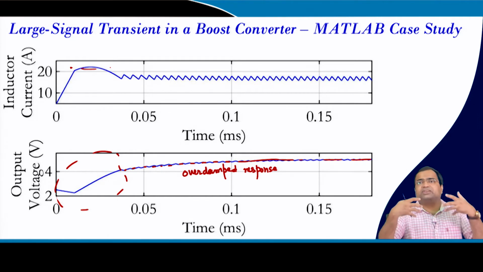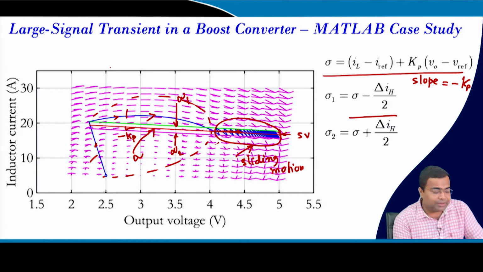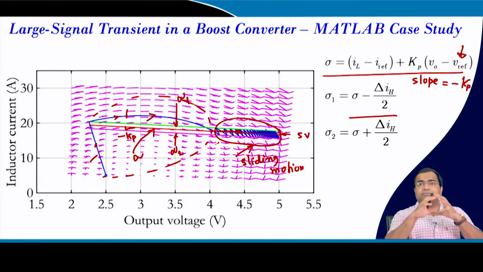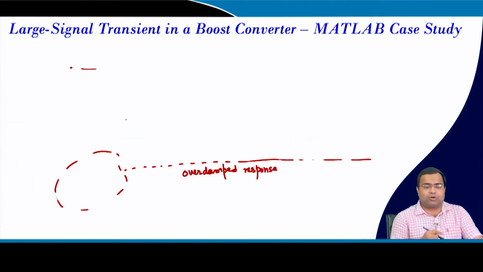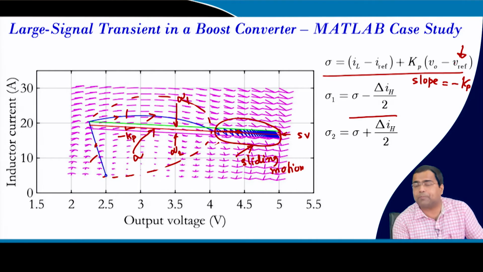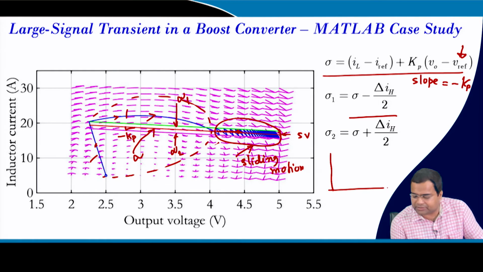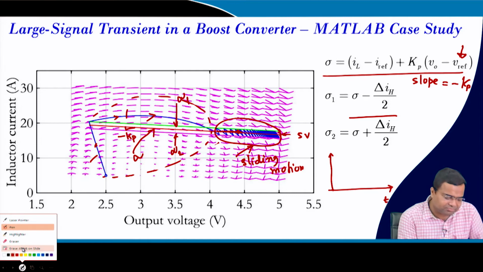When you want to start up the circuit, you have to be very careful about your startup process, because typically what people do is slowly ramp up this VREF. That means some kind of soft start. Otherwise, if you suddenly apply it, your trajectory will be forced to go like this, and you will end up with a huge current overshoot. We discussed the soft startup in an earlier lecture, I forgot the lecture number.